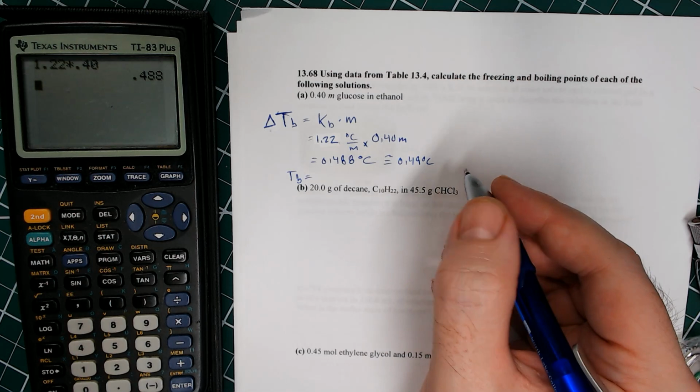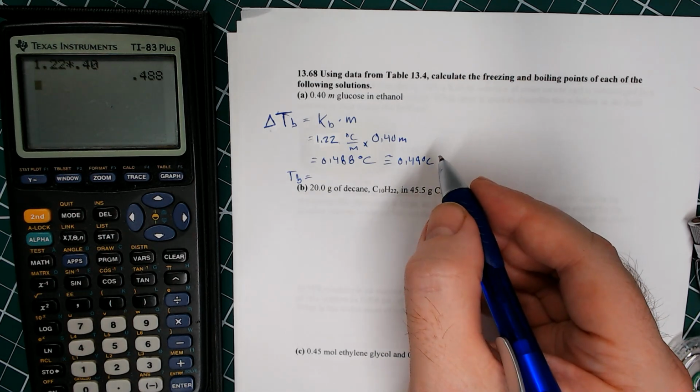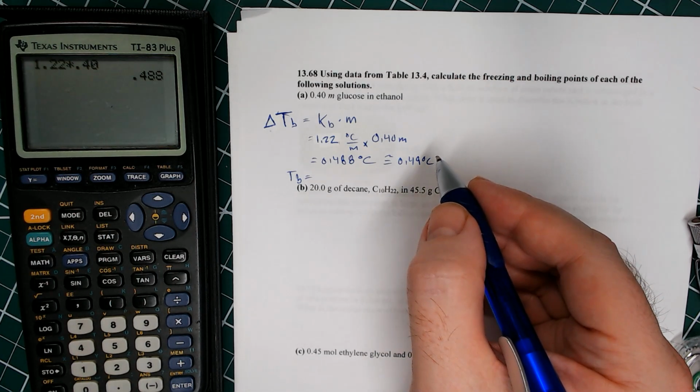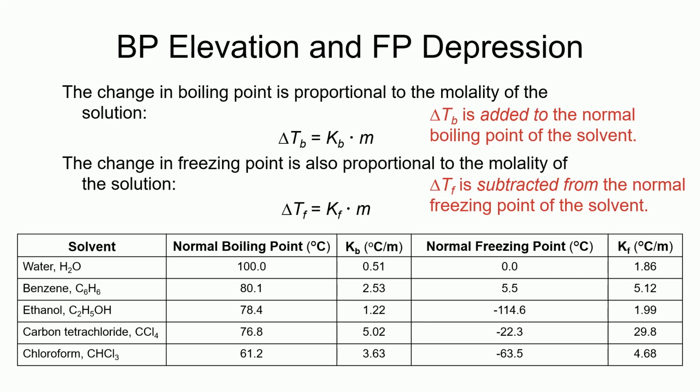So our new boiling point is going to be the boiling point of ethanol, which I'm going to go back over here. You'll see the boiling point of ethanol comes out to 78.4.